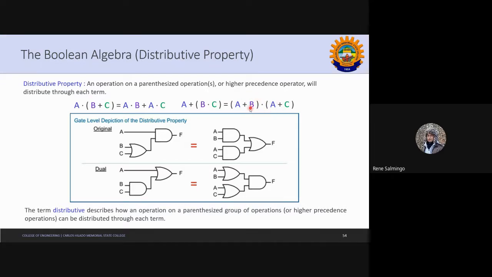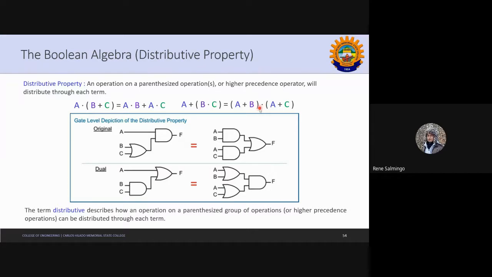So B and A or C would be a different value without the parentheses. That's why we need to be careful. So A or C, and you have the AND gate. So this is the AND gate.